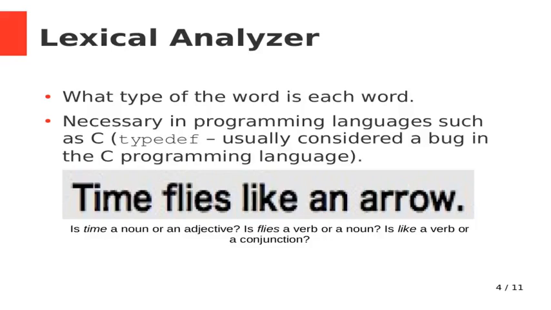It is usually considered a bug in the C programming language: generally you can't always tell whether something is a variable name or a type name without knowing the whole program in C.